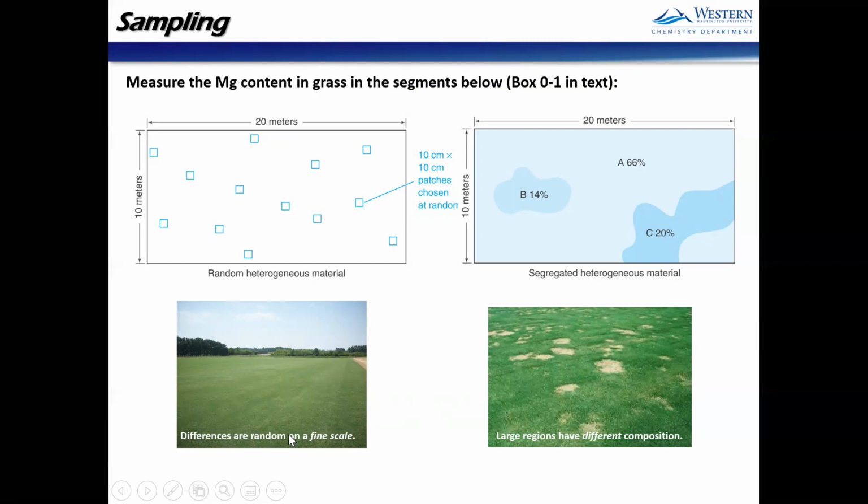So when you are trying to measure magnesium in grass, for the left side, you should be fine. Just pick whatever, because it's pretty homogeneous. But on the right, it's patchy. So if you pick up an area with a lot of patches and an area that doesn't have a lot of patches, then the magnesium content will be significantly different.